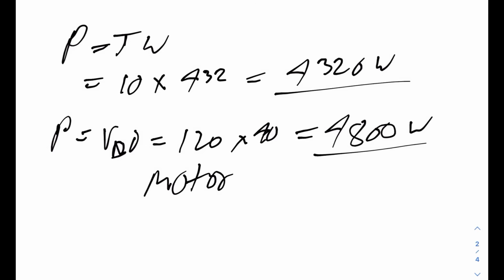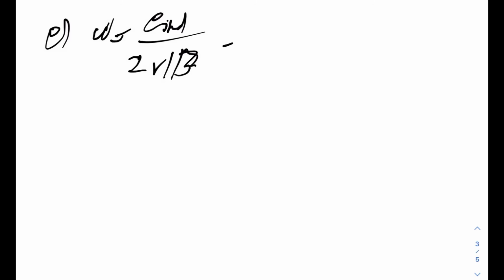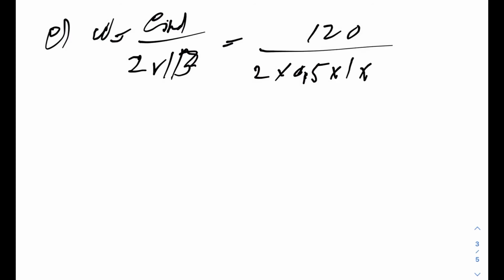So for E, omega will equal what? E induced over 2 R L B. Okay, 120 over 2 multiplied by 0.5 for radius multiplied by 1 length multiplied by 0.2 Tesla, because the flux density is changing now.